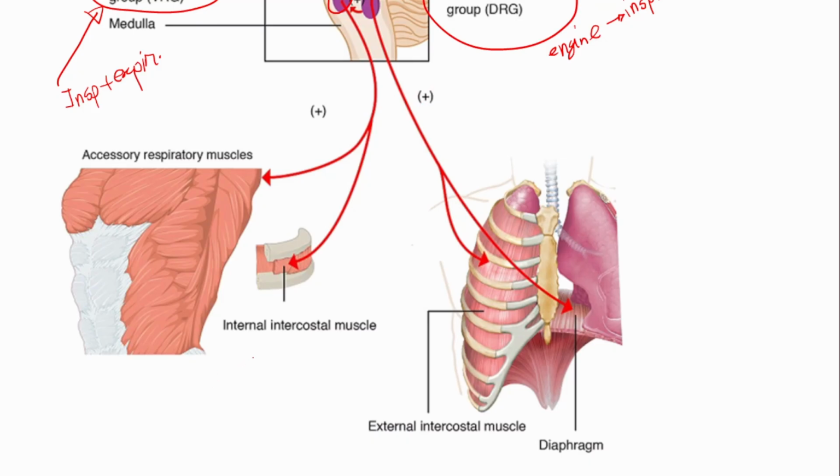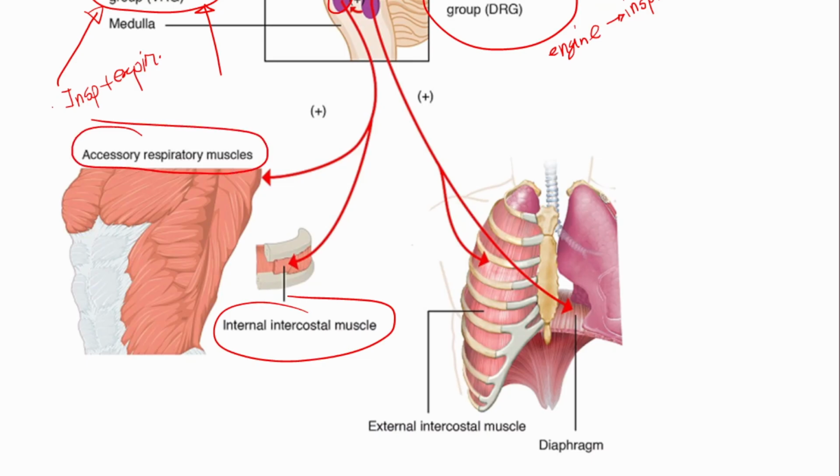However, during active or forced breathing, such as intense exercise or respiratory distress, this VRG is recruited. Its inspiratory neurons reinforce the DRG, while its expiratory neurons fire to drive the internal intercostal muscles and the accessory respiratory muscles of the abdominal wall and chest, actively forcing air out of the lungs.